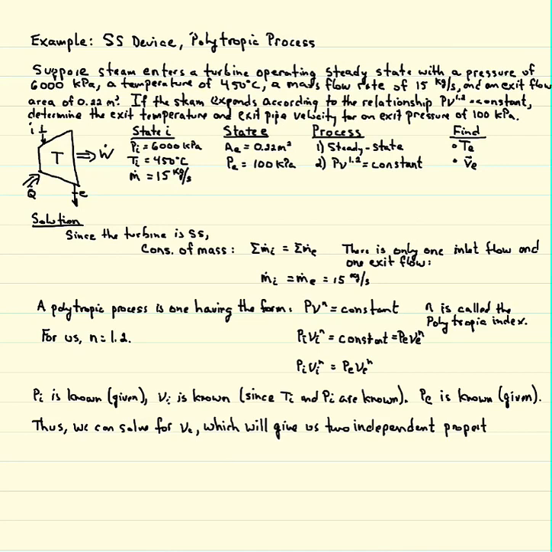And those two independent properties at the exit state, at state E, are the exit pressure that was given and the now calculated exit specific volume. So state E is fixed. We know two independent properties at state E. We can solve for TE. So that is how we determine the exit temperature.